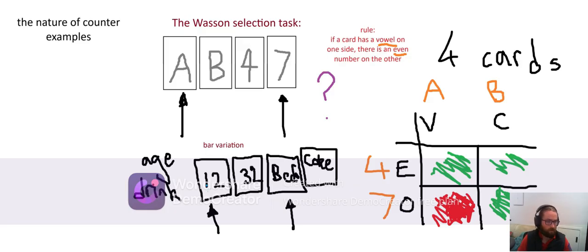Some social theorists say that the reason is because this is about a rule that pertains less to common life, and it's not really a moral rule. It's not like a socially enforced rule that cards with a vowel on one side can't have an odd number on the other. It's very arbitrary. This isn't the sort of rule you'll see in nature or in general life.